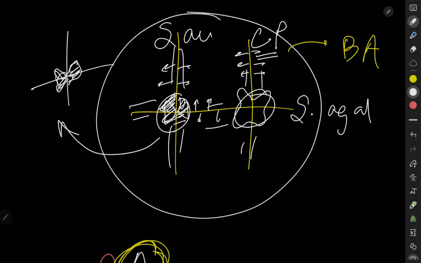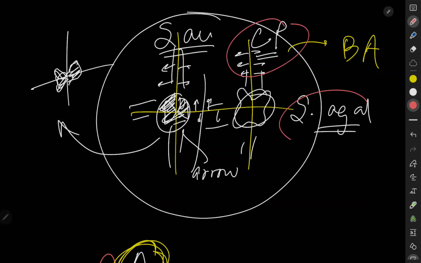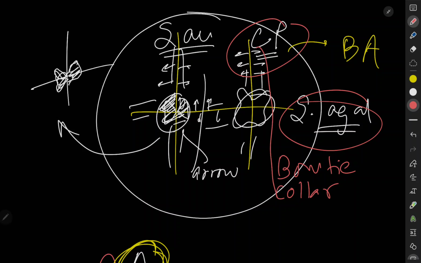That is all. So basically there is a name. S. aureus and S. agalactiae confluence looks like an arrow. A for arrow, and the confluence of Clostridium perfringens and S. agalactiae looks like a bow tie, which we put around the collar. So C for collar.